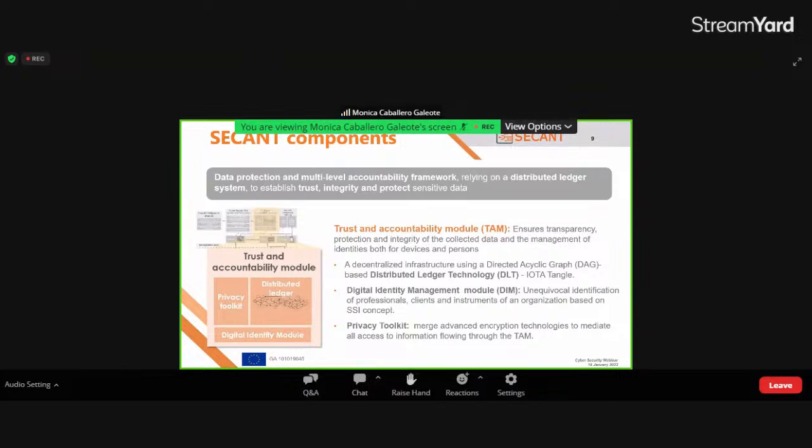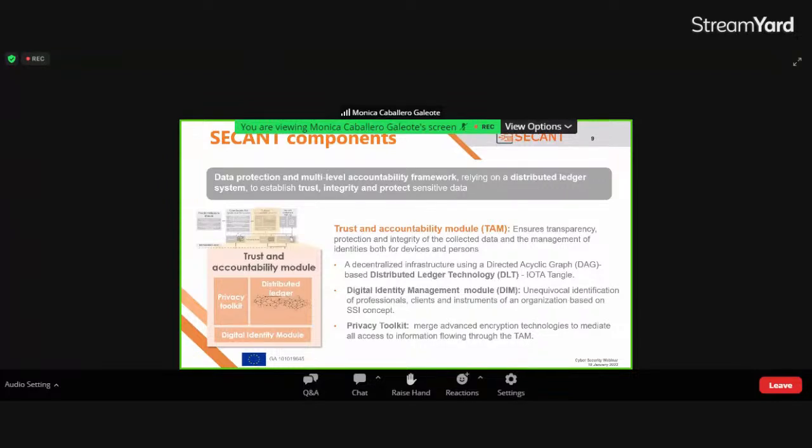This model will rely on a distributed ledger technology, the IOTA Tangle technology, and it will be supported by two different submodels. The digital identity management that adopts the self-sovereign identity concept, and will be responsible for identifying the devices, entities, and users that interact in the supply chain.